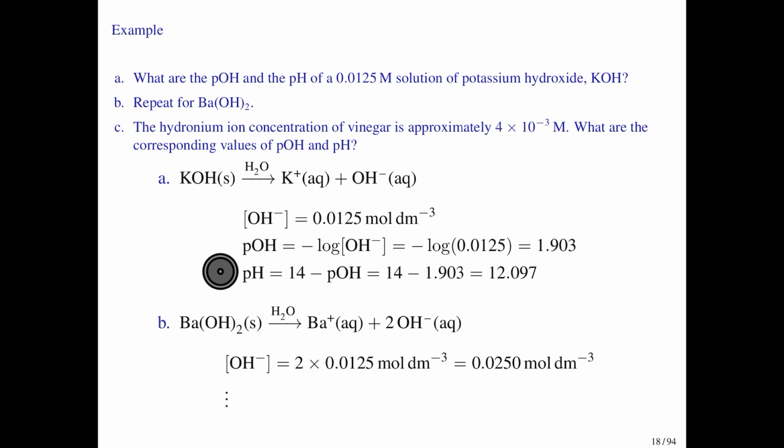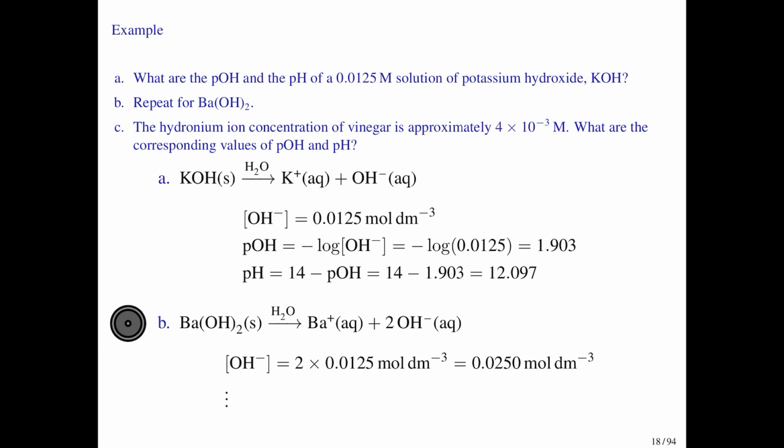Here I've algebraically rearranged it and solved for the pH. So the pH is equal to 14 minus the pOH. We just substitute that in and we get 12.097. And so just as we discussed previously, a strong base solution has a low pOH and a high pH.